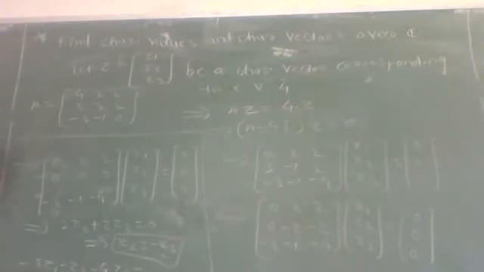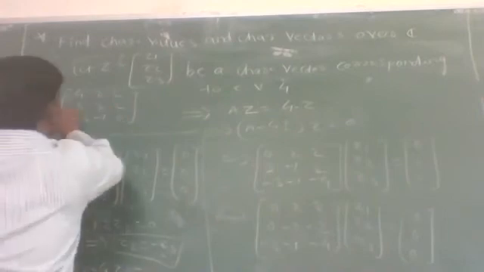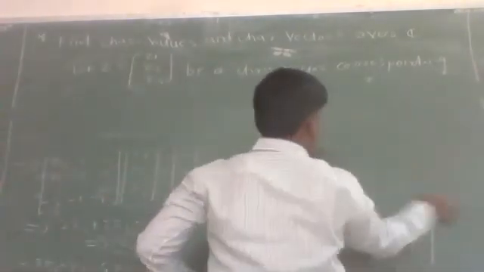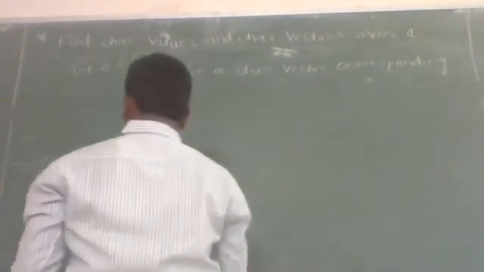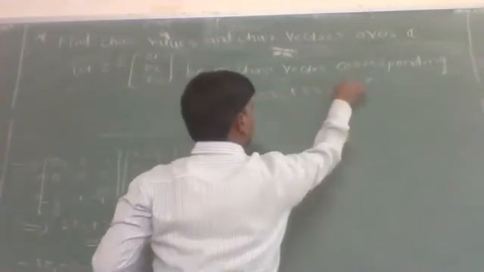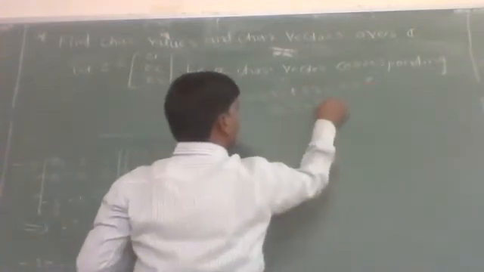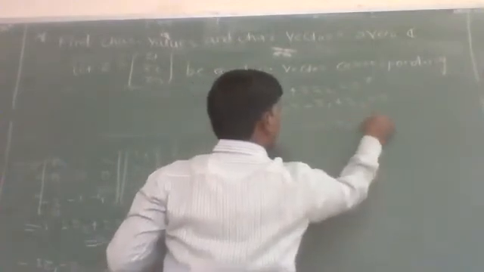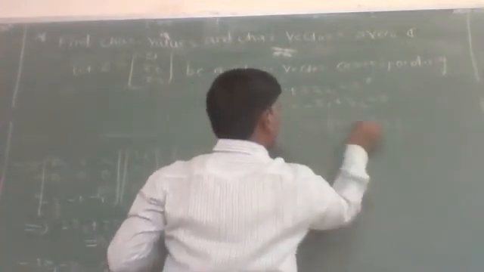Minus of 3z1 minus z2 plus 4z2 is plus 3z2. So here we get minus of 3z1 plus 3z2 is equal to 0, which implies minus of z1 plus z2 equal to 0, which implies z1 is equal to z2.